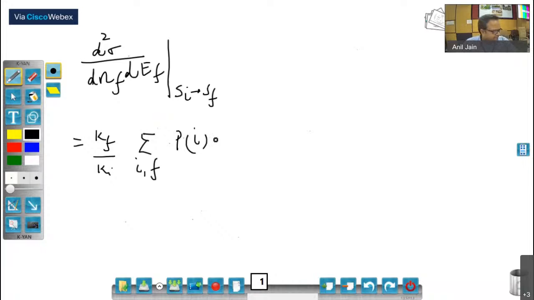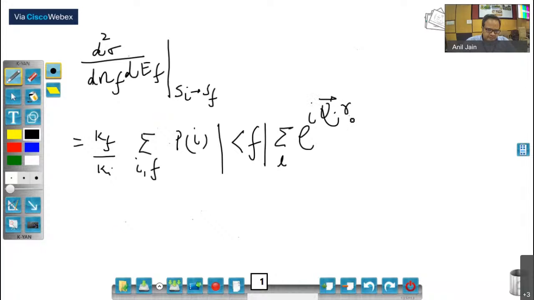Then we have this matrix element, where F is the final state, summed over sites L: the sum over L of exponential i Q dot RL, U of L, Si Sf, with the initial state.